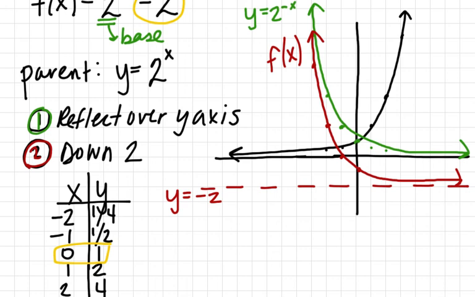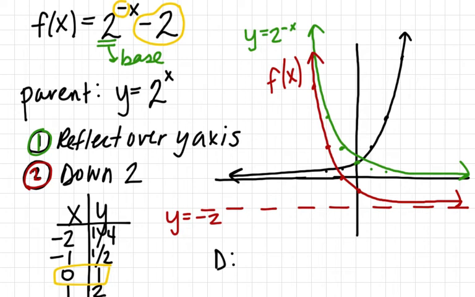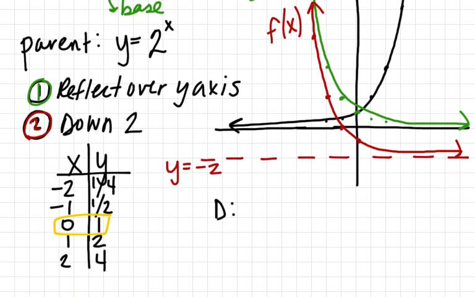So now let's determine the domain and the range for our final answer, f of x, which is what I have graphed in red. So, domain. Well, again, if you look at the original function, you could actually determine the domain without our graph, because look at where x is. X is the exponent, and the exponent can be any real number. Our graph supports this because our graph goes to the left forever and the right forever.